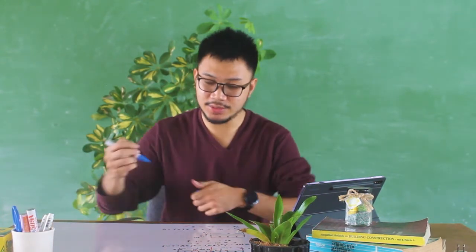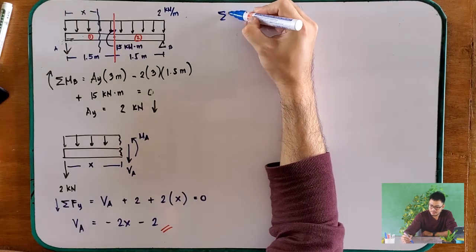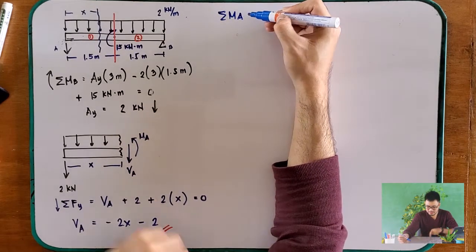Now, let's proceed. Ato ta sa MA. So, summation of moments about point A. Kani nga point A ha.